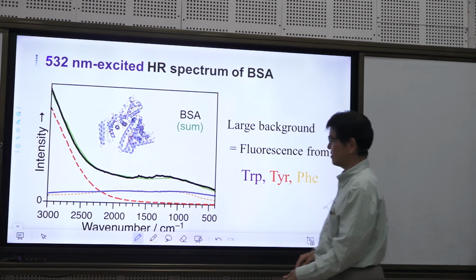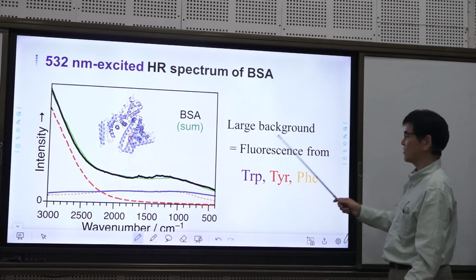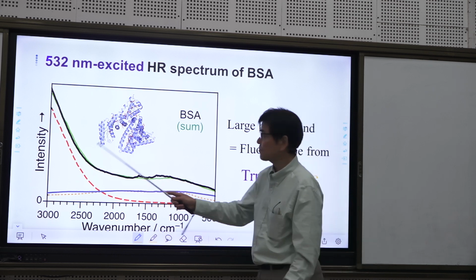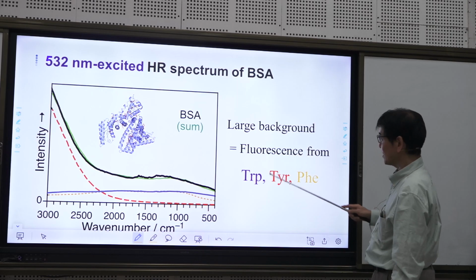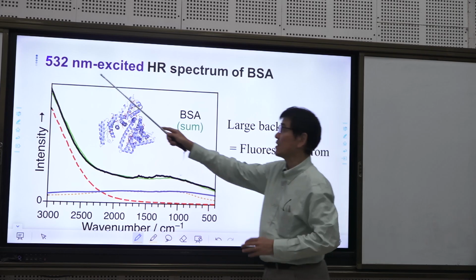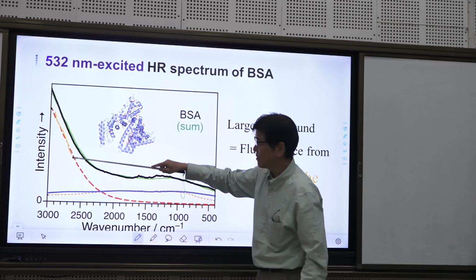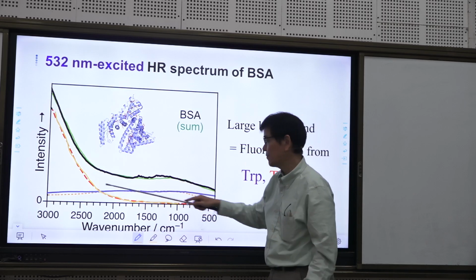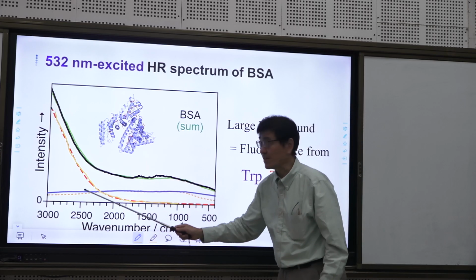Okay, then let's check the appearance of the tryptophan signal, tyrosine signal, and phenylalanine signal. Actually, when we excite tryptophan, tyrosine, and phenylalanine with 532 nanometers, a large background appears. They give a large background, and it is two-photon fluorescence.